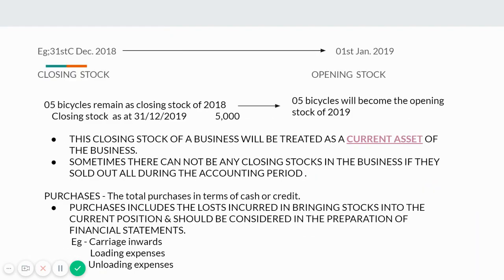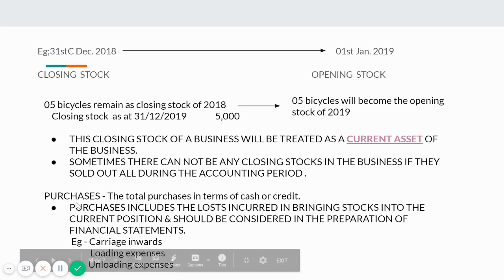Then this purchases figure of a business includes the cost incurred in bringing stocks into the current position and should be considered in the preparation of financial statements.